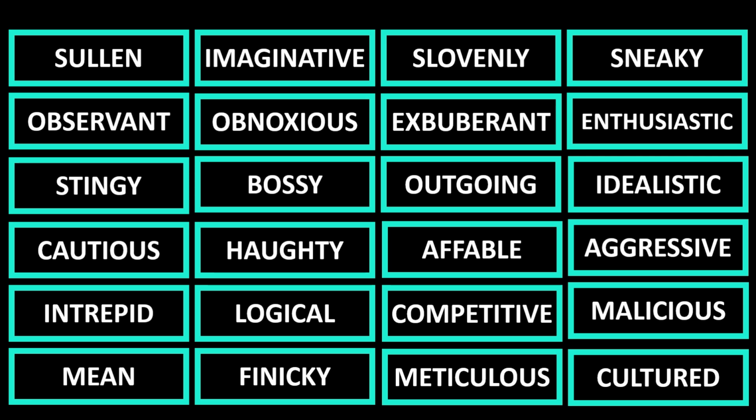Now let's look at what each of these words means, and we'll also have an example for each word, and we'll also decide whether each word is positive or negative. Shall we begin? Okay, we'll start with the first one.